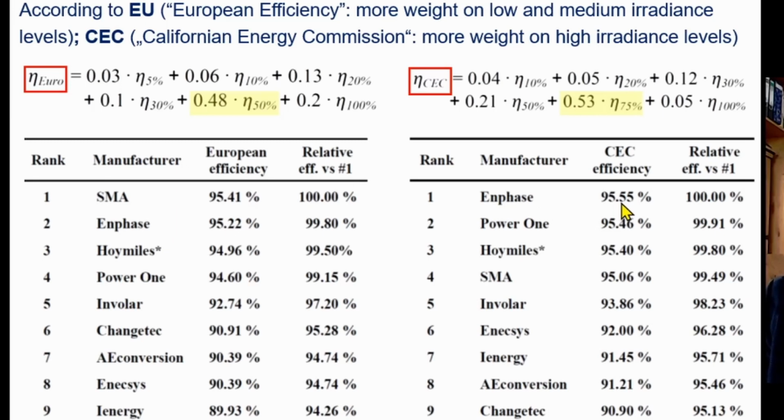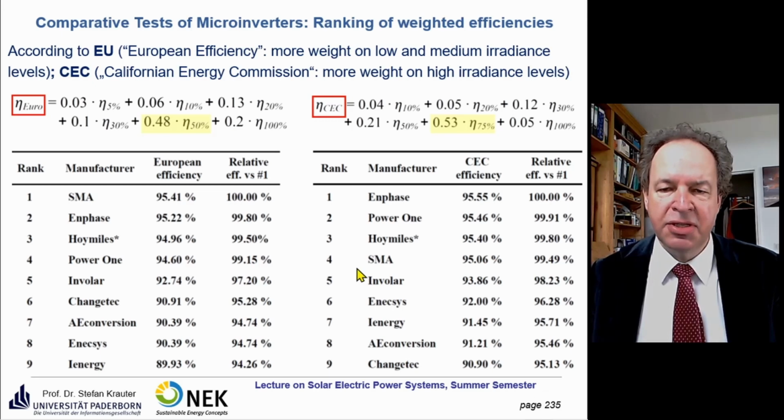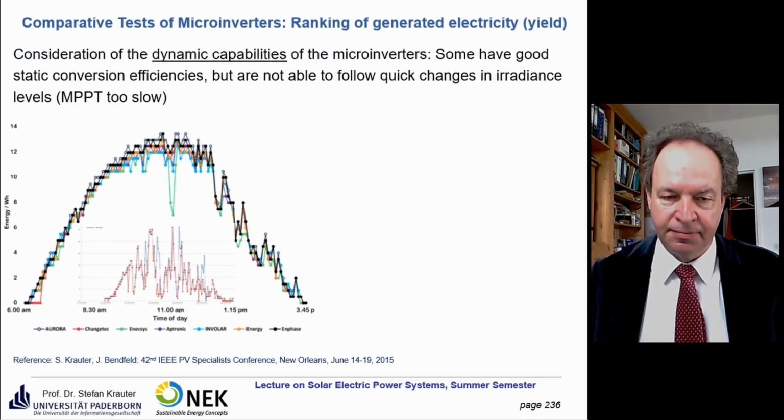So it's designed obviously for the CEC efficiency, with an efficiency of 95.55%, Power-One, and so on. SMA is only in 4th place, but you see the difference here is only about 0.5%. So this is very close together. But you see here some inverters performed not so well, but we'll come to this a bit later, especially if we take a look at the energy yield.